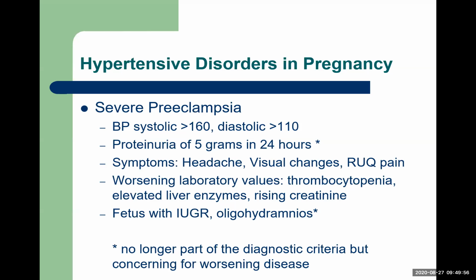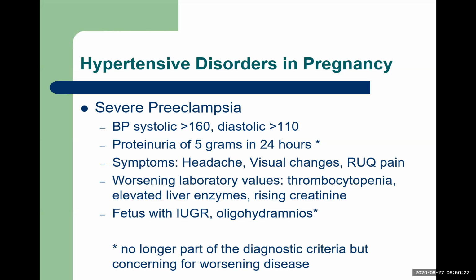It's important to note that you do not need to wait 4 hours to diagnose severe preeclampsia by blood pressures, because we need to treat the blood pressures within 20 minutes according to the ACOG bulletin, and the sooner the better. So if you have a patient that has severe blood pressures, we need to treat the severe blood pressures immediately.